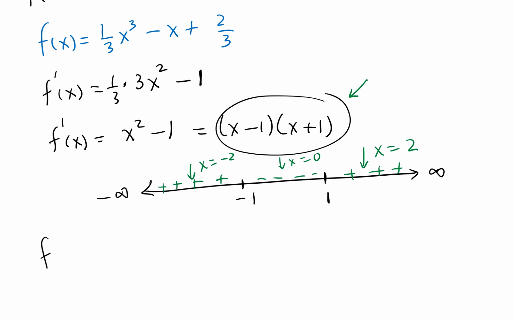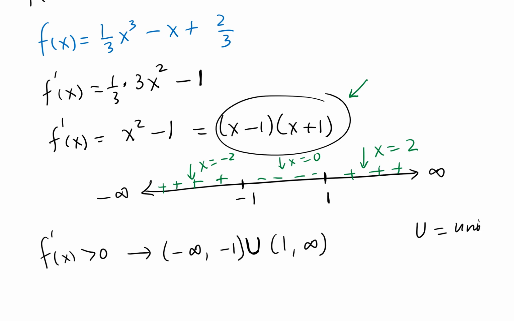So the question is, when is f prime of x bigger than 0? It's bigger than 0 where there is a plus sign on the number line. It's from -infinity to -1, also 1 to infinity. And to combine them, we use the union sign. So this is called union.